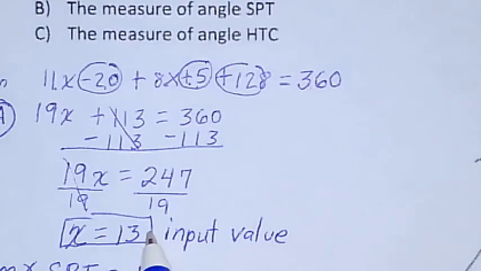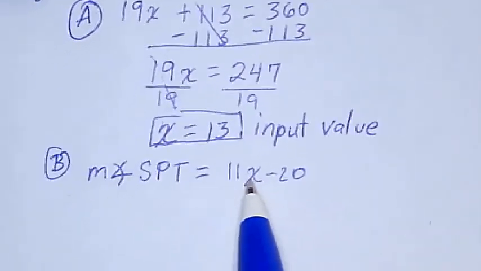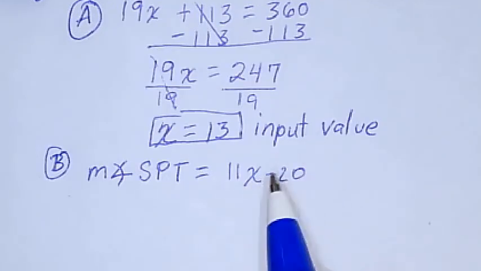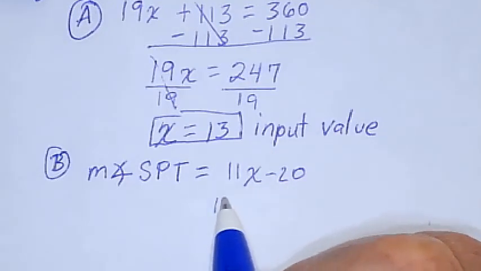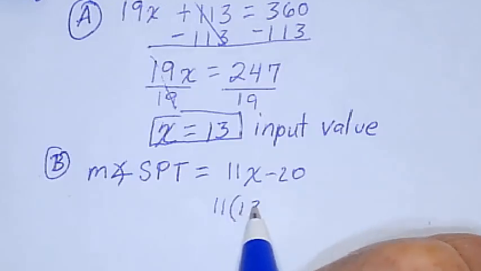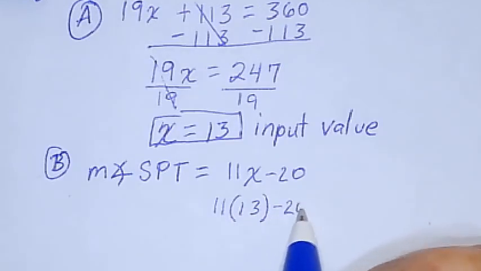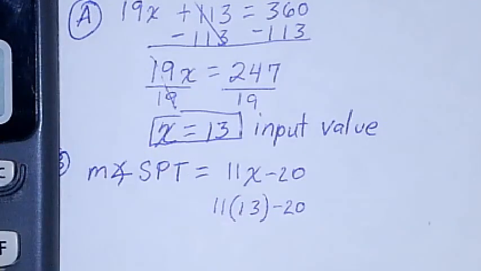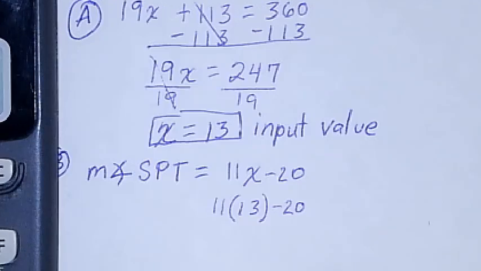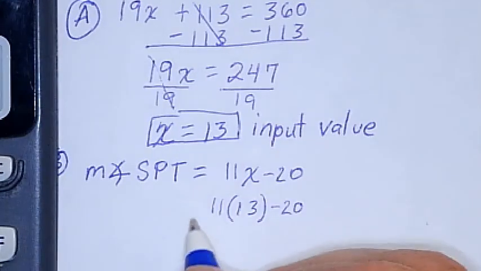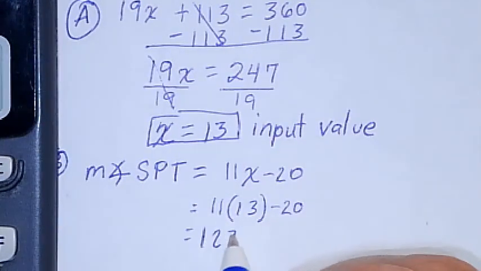You plug it in right there. So you make the substitution. 11 times 13 minus 20. Calculator work, all calculator work. 11 times 13 minus 20, what did you say it was? That's exactly right.